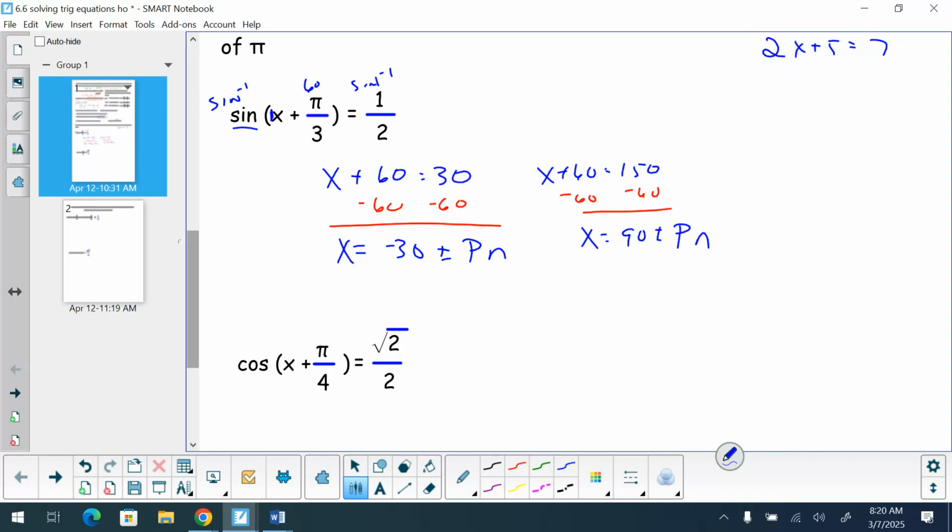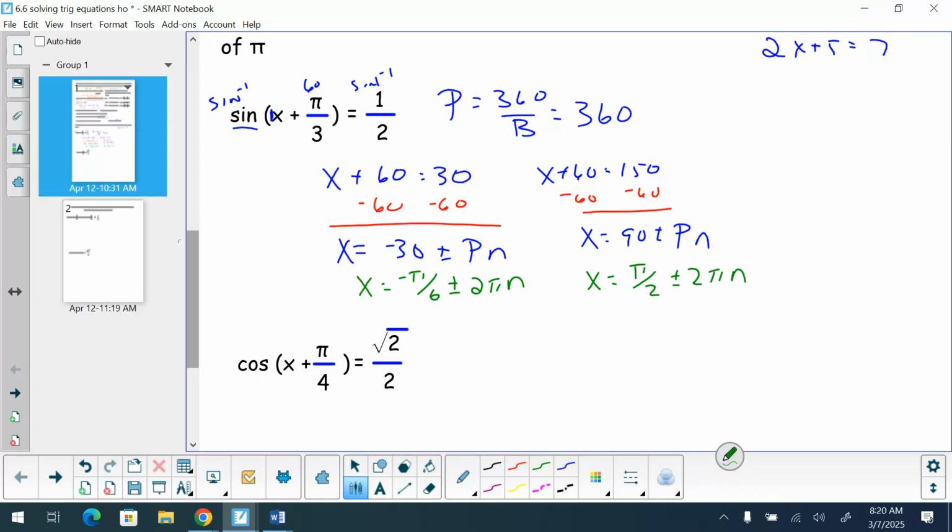We looked at our coefficient of x to be our b value, and how we calculated the period was 360 divided by b. Our b value is 1, so we have 360 degrees. So now, putting this back into terms of pi, x is equal to negative pi over 6 plus or minus 2 pi n. And here x is equal to pi over 2 plus or minus 2 pi n.